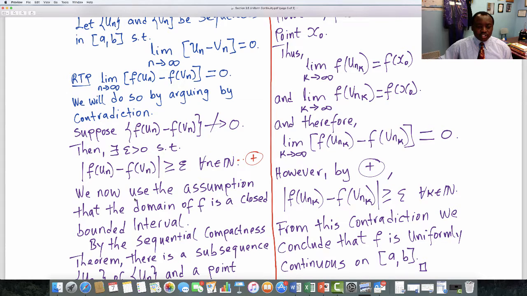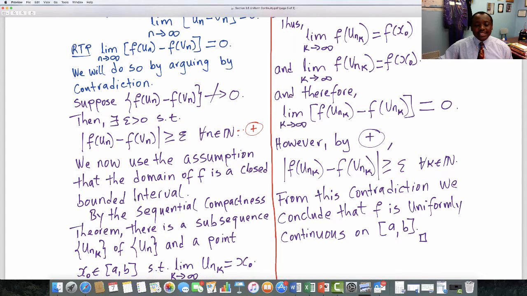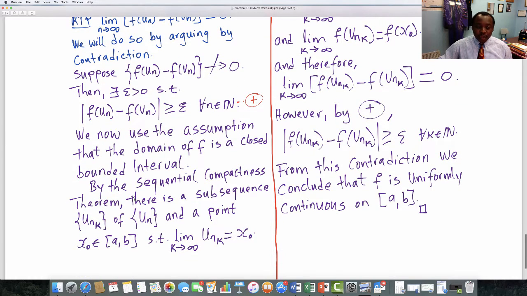We now use the assumption that the domain of f is a closed bounded interval. So by the sequential compactness theorem, there is a subsequence u_{n_k} of our sequence u_n and a point x_0 in the closed bounded interval [a, b] such that the limit as k approaches infinity of u_{n_k} equals x_0. You can go back and check the statement of the sequential compactness theorem.